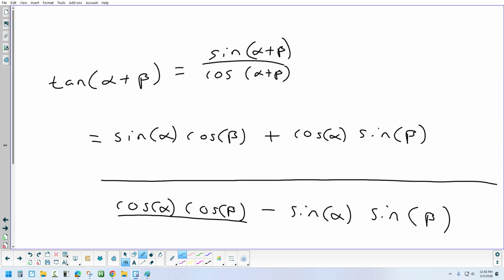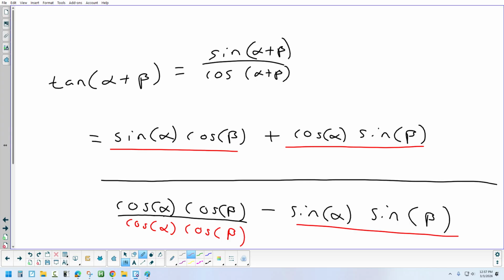Squaring something doesn't make it a 1. How do we do it? Yeah, divide something by itself. But if you divide this by itself, then you have to divide everything by what you divide by right here. So we're going to divide this by cosine alpha, cosine beta, and that's fine, but do it in all 3 spots.